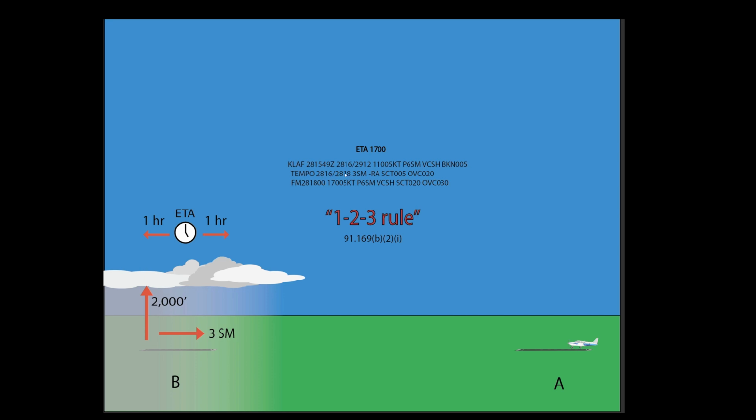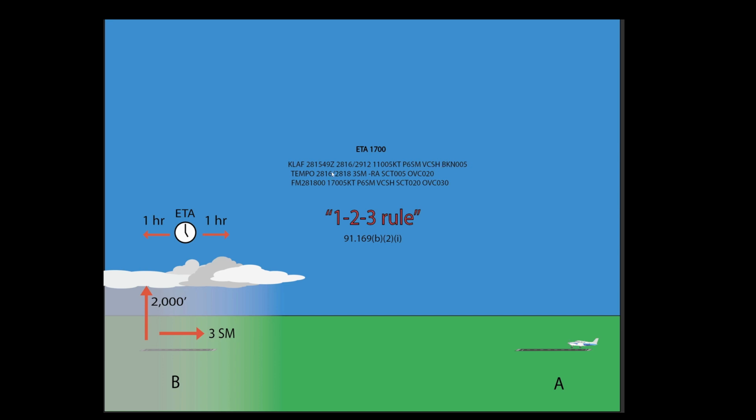So for some of this 2-hour chunk, they're forecasting 3 miles visibility, 2,000 foot ceiling, but not for the entirety from start to finish of that 2-hour window. And the part of that time period that doesn't have these conditions, it's going to be whatever was in the previous part of the forecast.